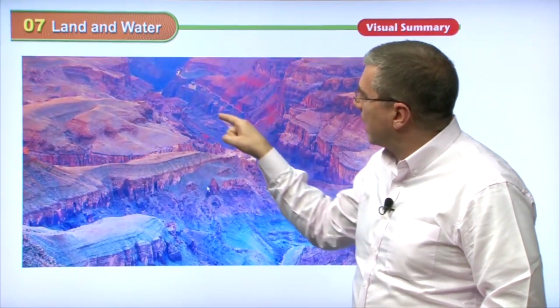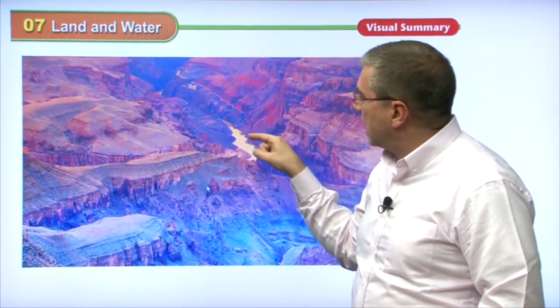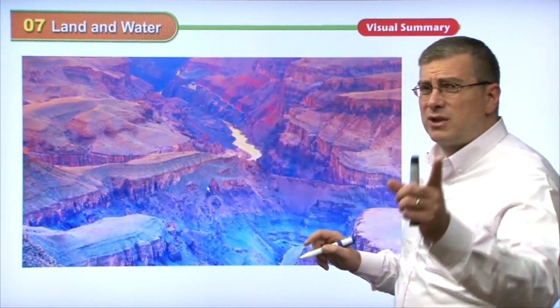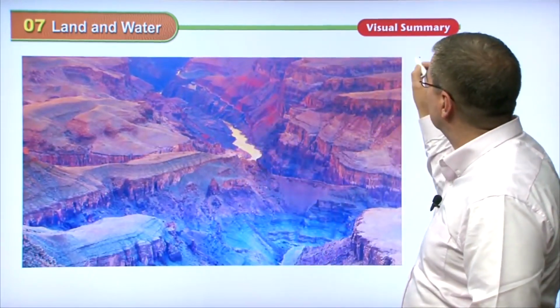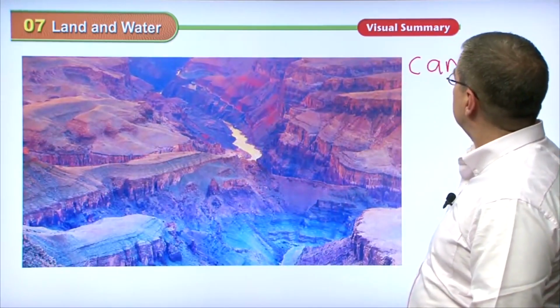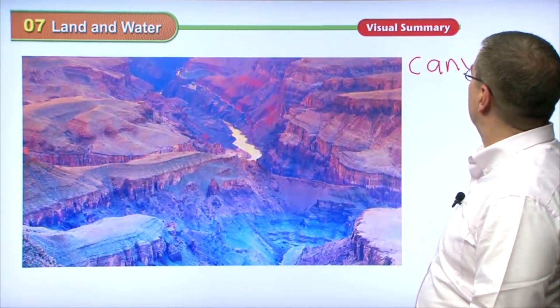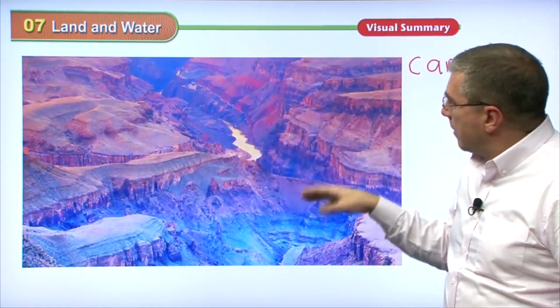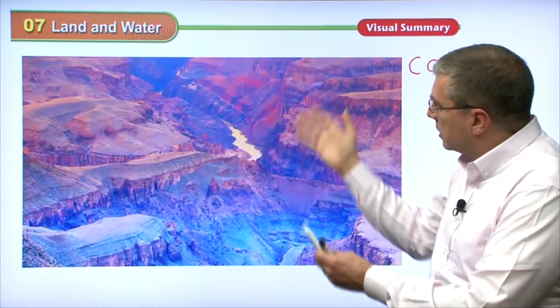But in the bottom of the Grand Canyon, you see a stream, a river actually. By the way, I was using another word. Did you catch it? Canyon, which is another feature of land. Now a canyon, you can also say the valley is down here. But a canyon, we can also say this is a good example of a canyon.